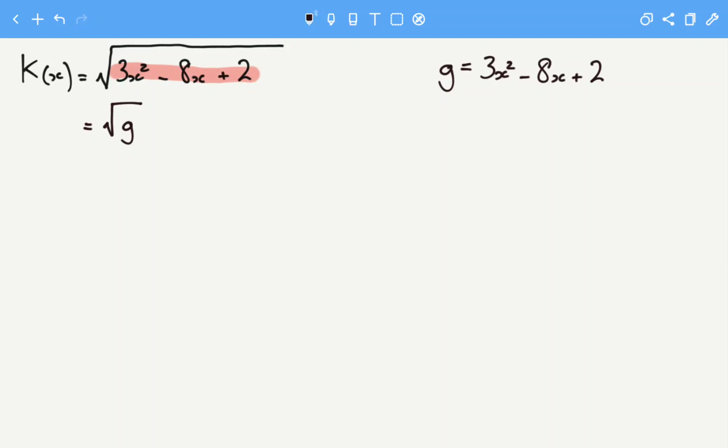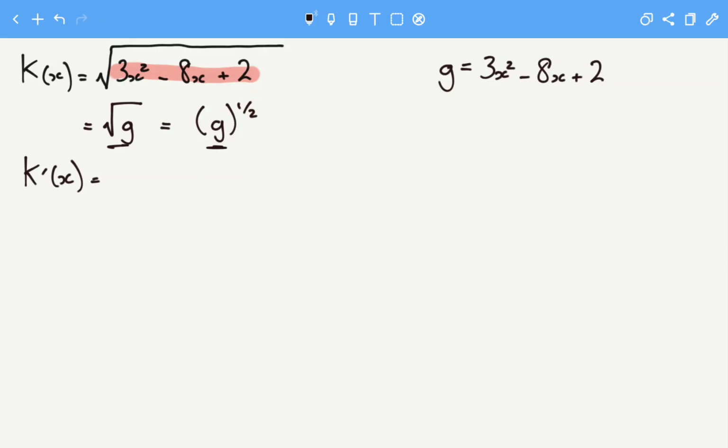So our first step is to differentiate the original function, which we can also write as g to the 1 over 2. If you don't get how I've got that, I'd watch the previous video, but basically these two equations are the same, because square root is the same as to the power of half.